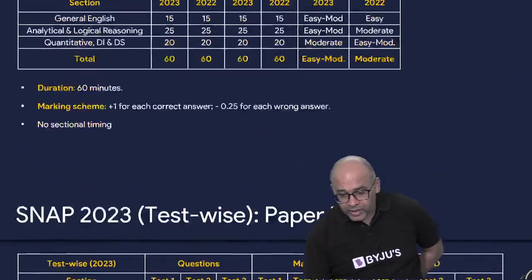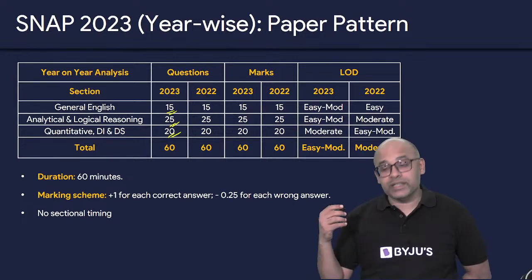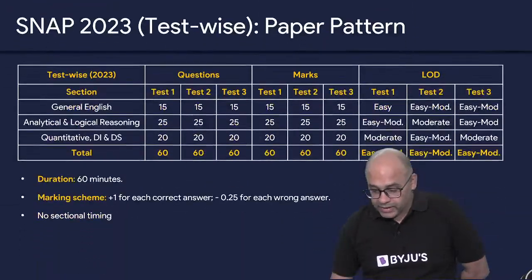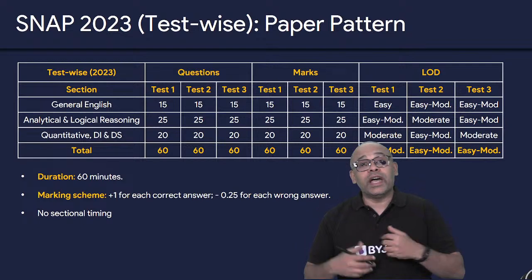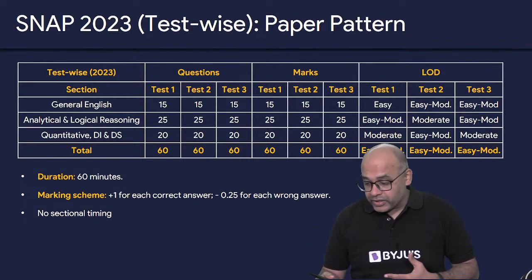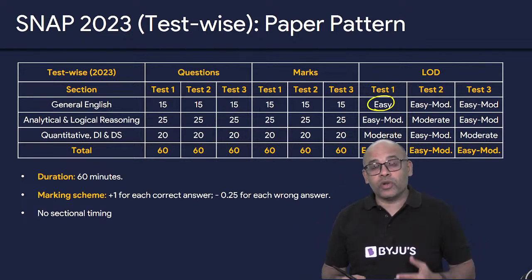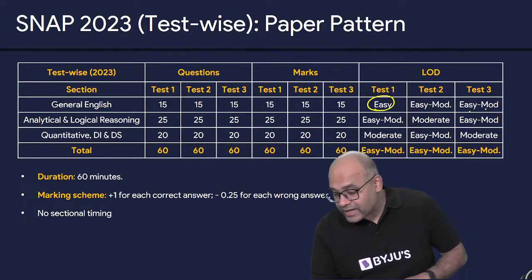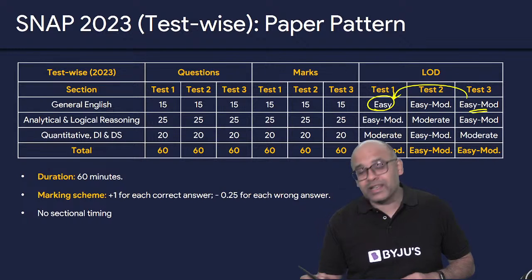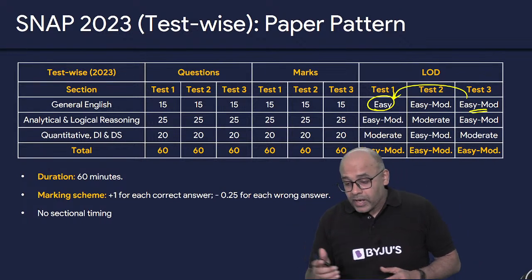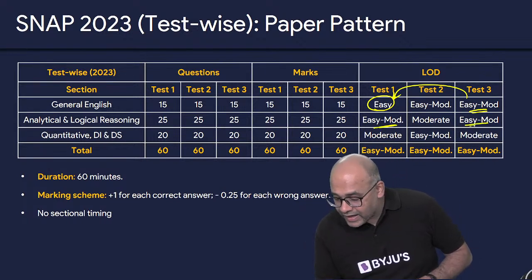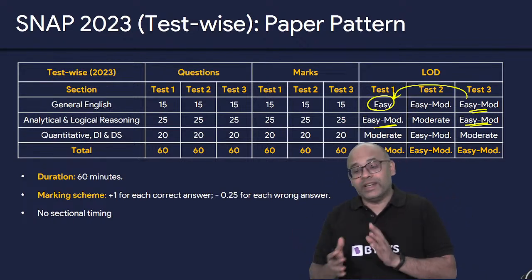So here, in slot 3, what I gauge is that there is nothing called easy which came, as in slot 1. I would rate English as easy to moderate, so English is slightly higher than slot 1. I would say analytical reasoning is easy to moderate, as in slot 1. It didn't change much.